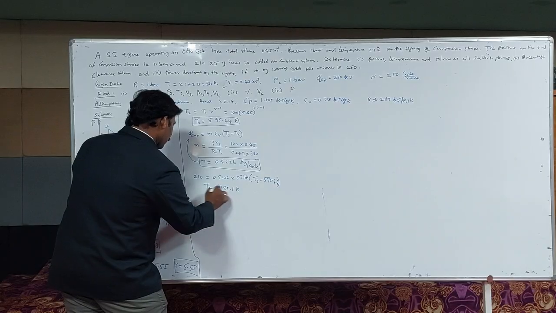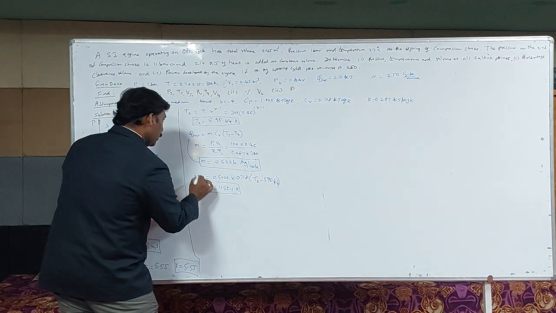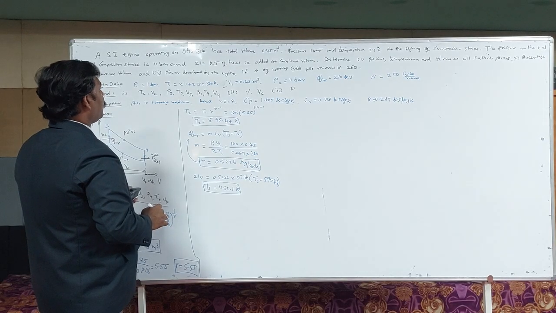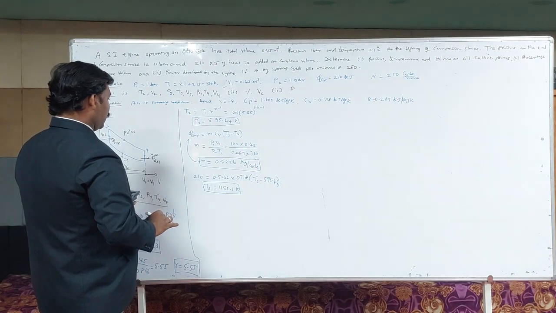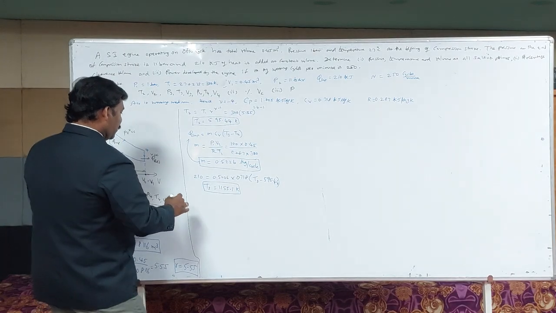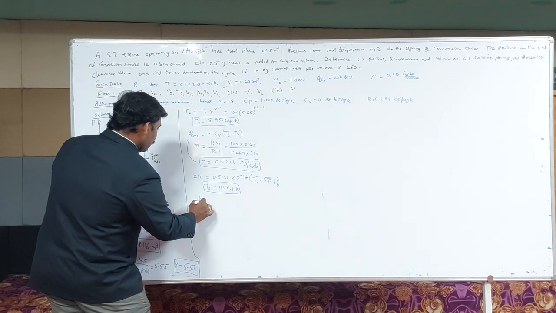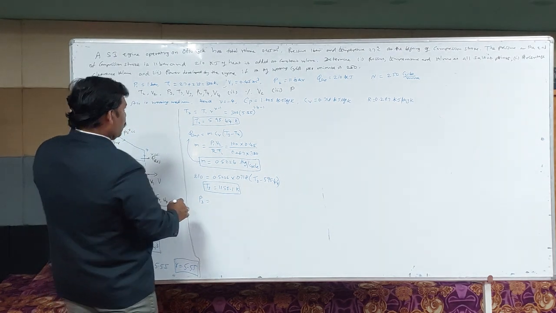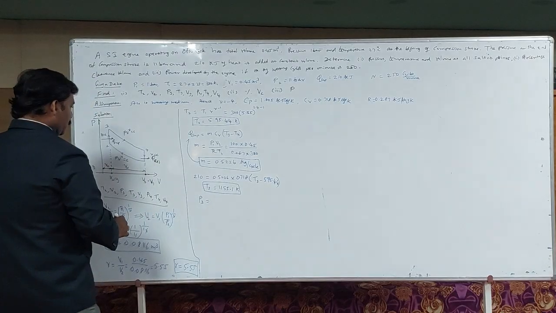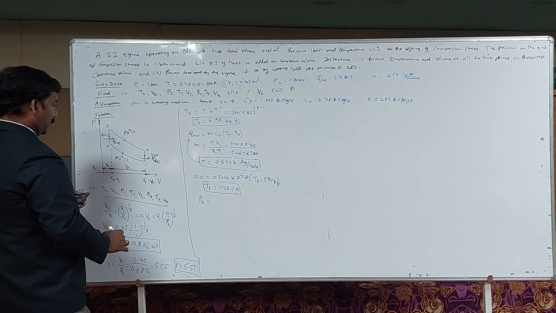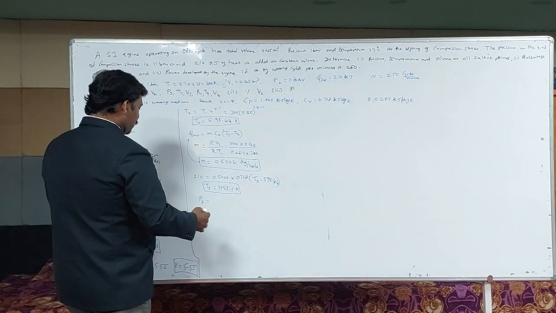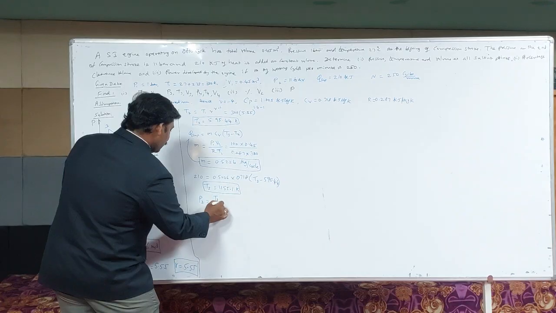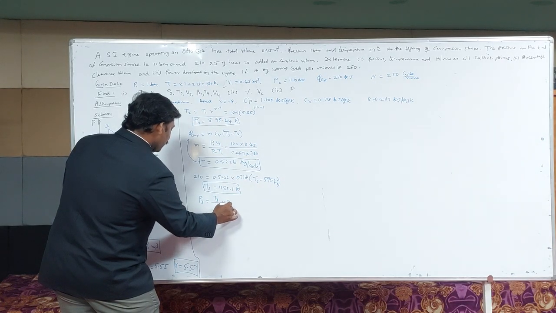The value is 1155.1 Kelvin. So now we know T3, then we have to find out P3 as well as V3. To find P3, the process 2 to 3 is a constant volume process. So I can write the PVT relationship as T3 is equal to T3 by T2 into P2.